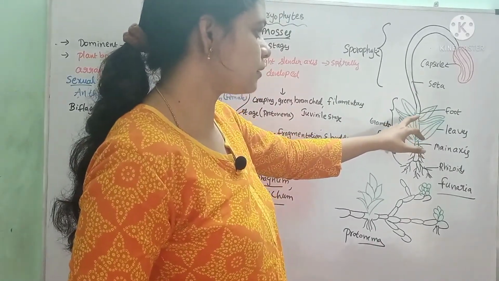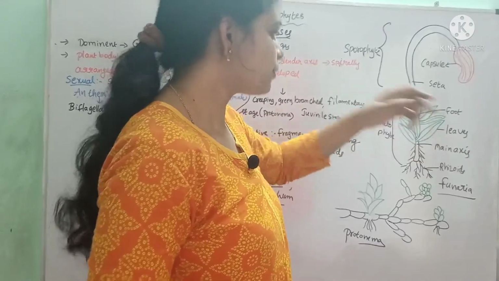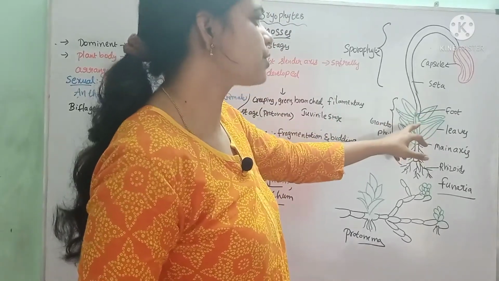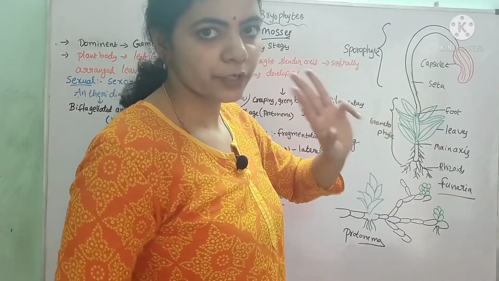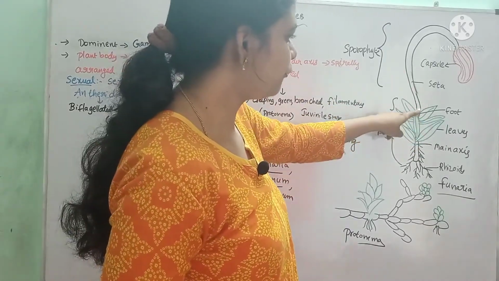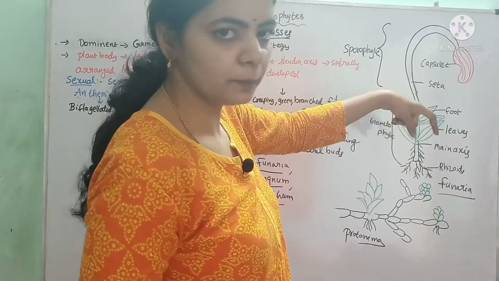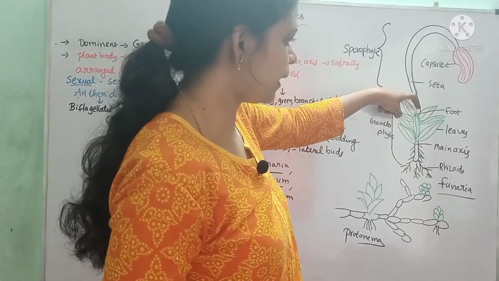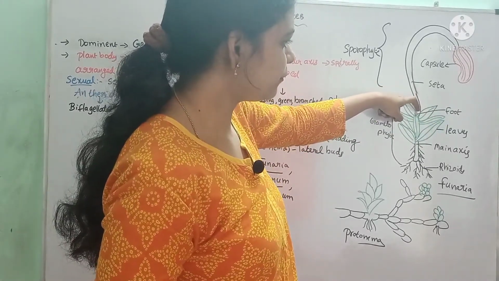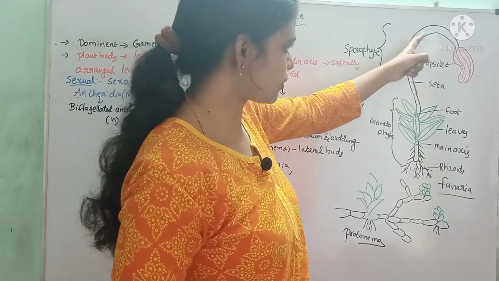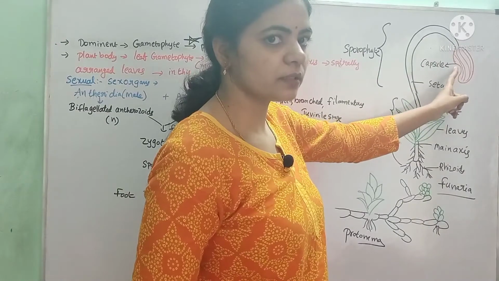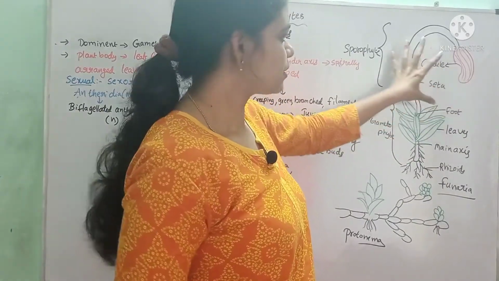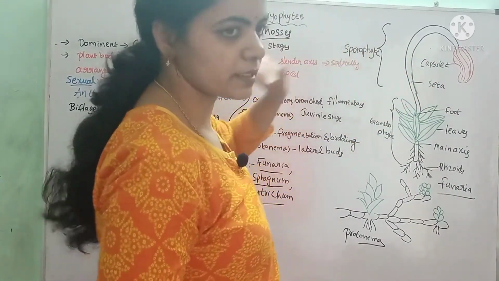These sex organs release gametes. Those gametes fuse and form a zygote. From the zygote, the sporophyte develops. The foot is embedded inside the leafy part of the gametophytic stage, and from this foot a stalked structure develops, which is called the seta. The terminal portion of the sporophyte is the capsule. So these are the three parts of the sporophytic stage.